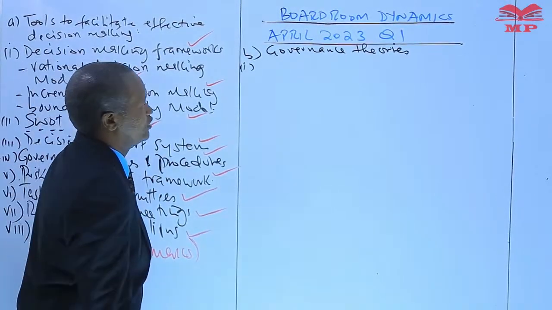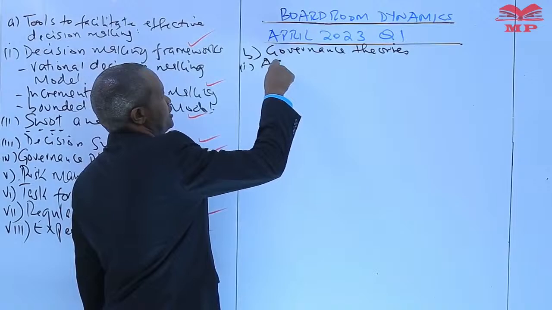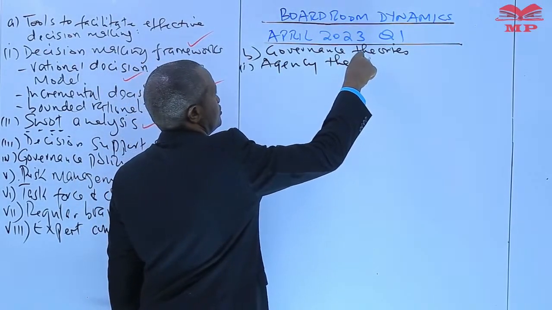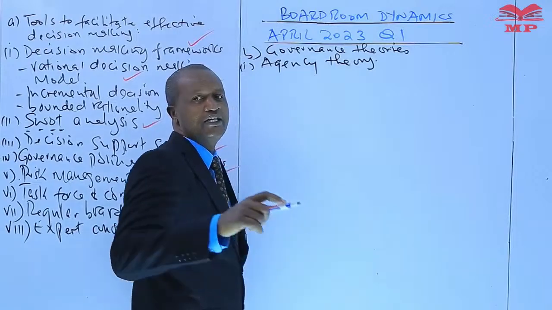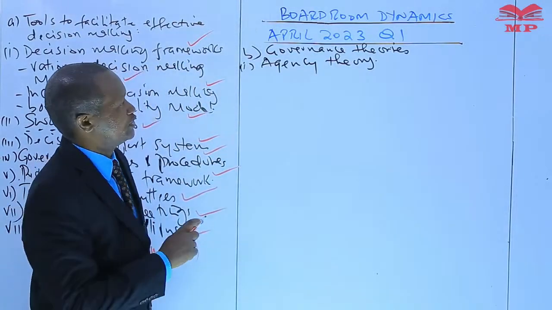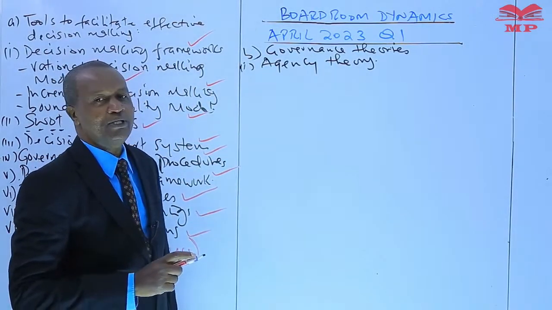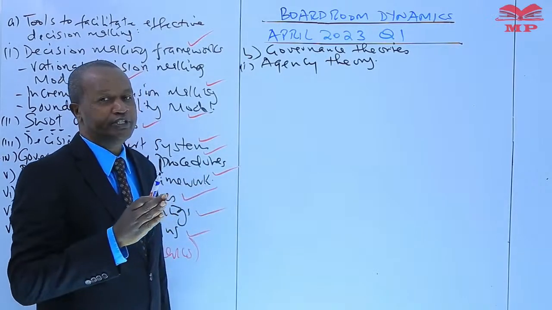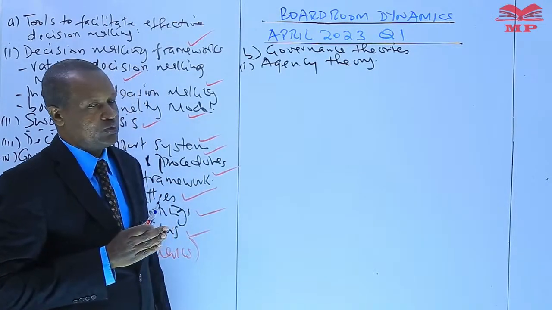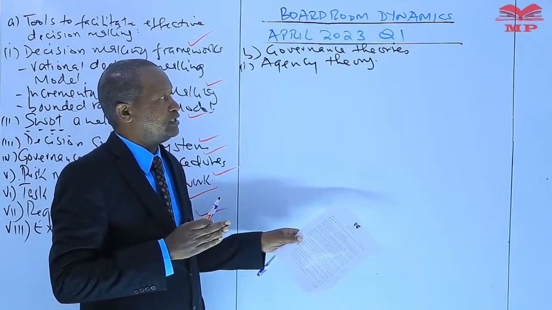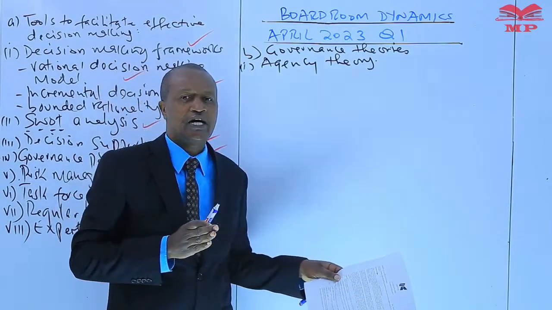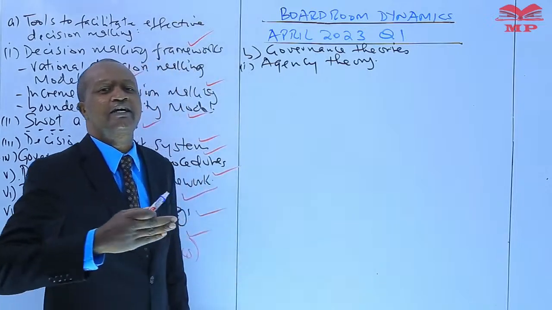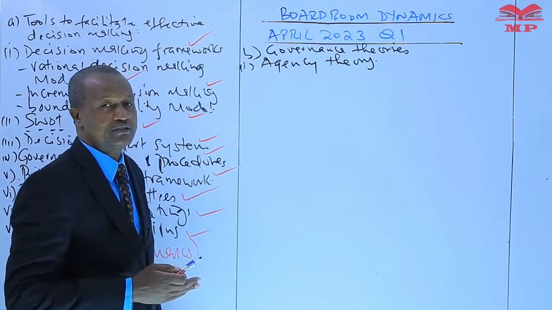The first governance theory we know is agency theory. This theory examines the relationship between the principals, who in this context are the shareholders, and the agents, who are the directors or managers.